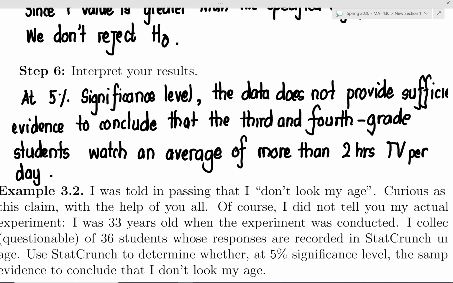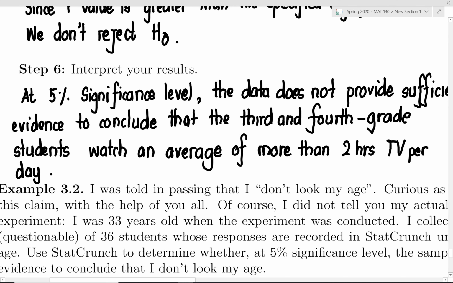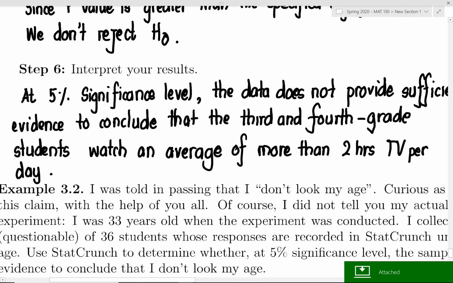All right, so just like we did earlier for the z-test, we are going to use StatCrunch to see if we can figure out what the p-value is. Remember, we were approximating here, but StatCrunch is going to give us an exact value.